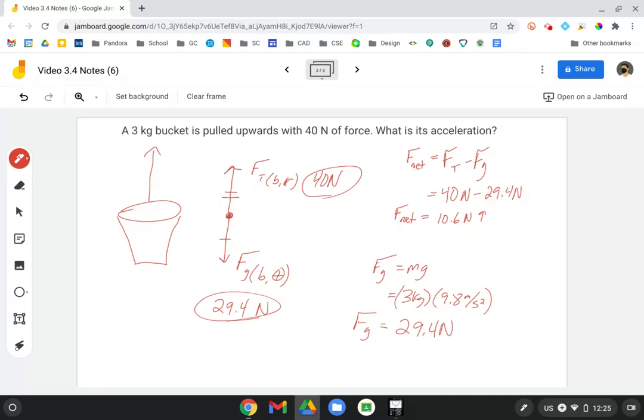I'll give myself a little room down here. We can then use the new equation for this standard, which is F net equals mass times acceleration, in order to solve for the acceleration.